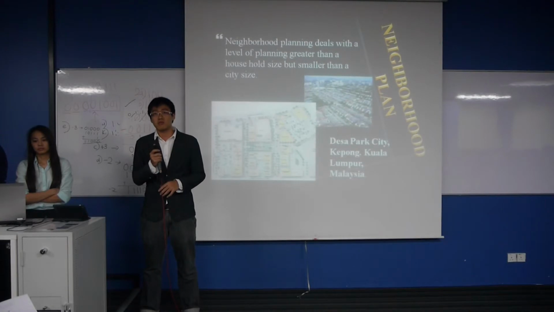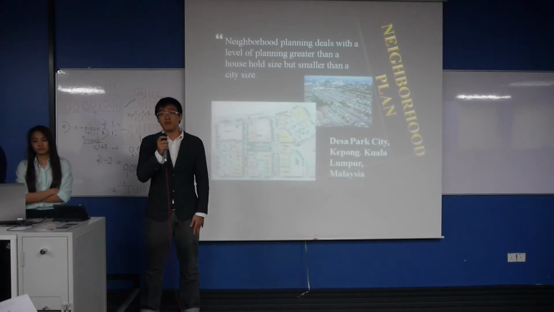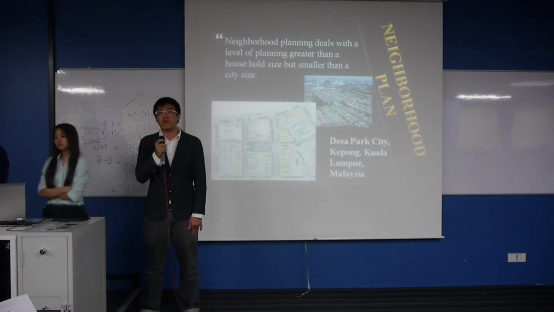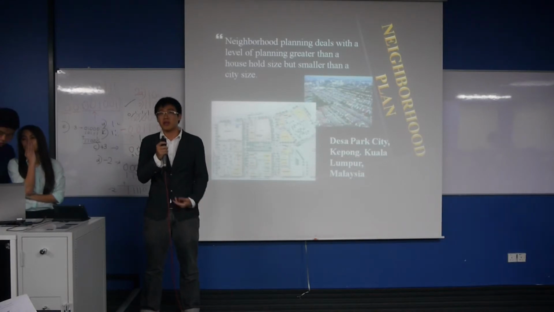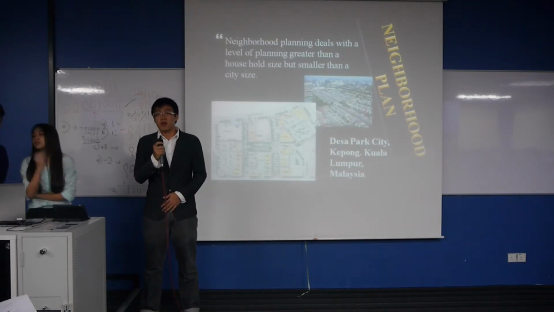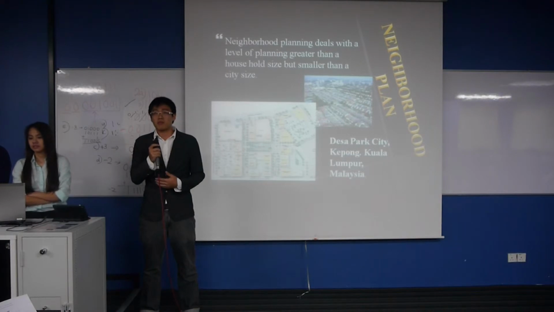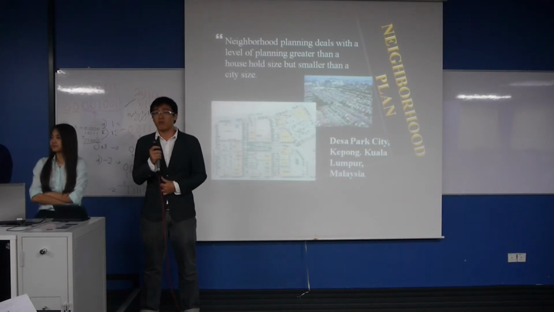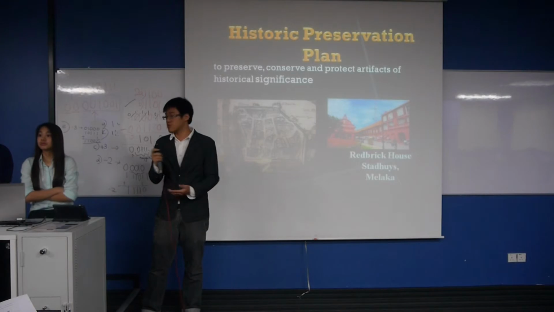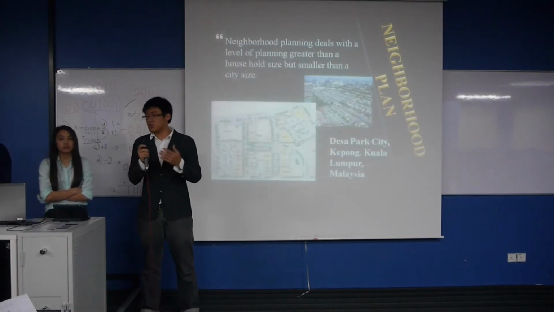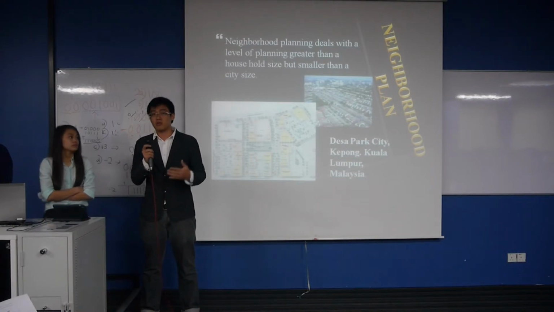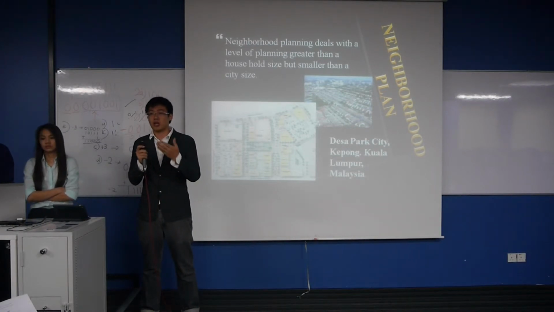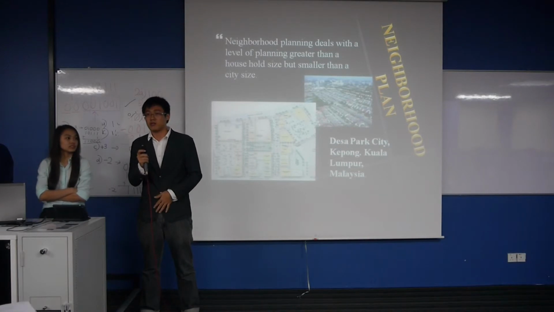And the neighborhood plans. Neighborhood planning deals with a level of planning greater than household size but smaller than the city size. The plans are going to use data on the component population. The houses are very crowded and the people can know each other in the neighborhood.